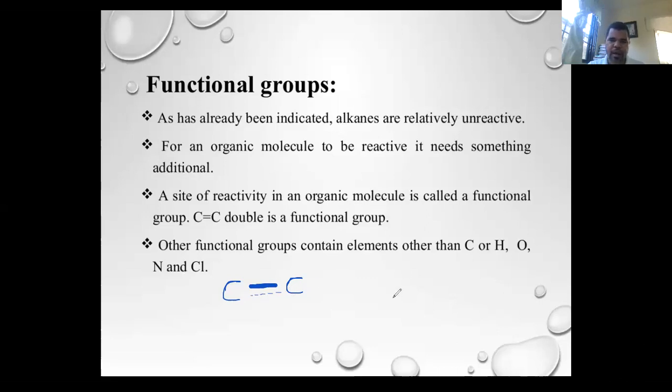Okay, this pi bond can be broken easily. That's why whenever you have an alkane and you have an alkene, if you have, for example, a propane and you have a propene, the propene will always be more reactive than the propane because it has a double bond and the second one is very weak.